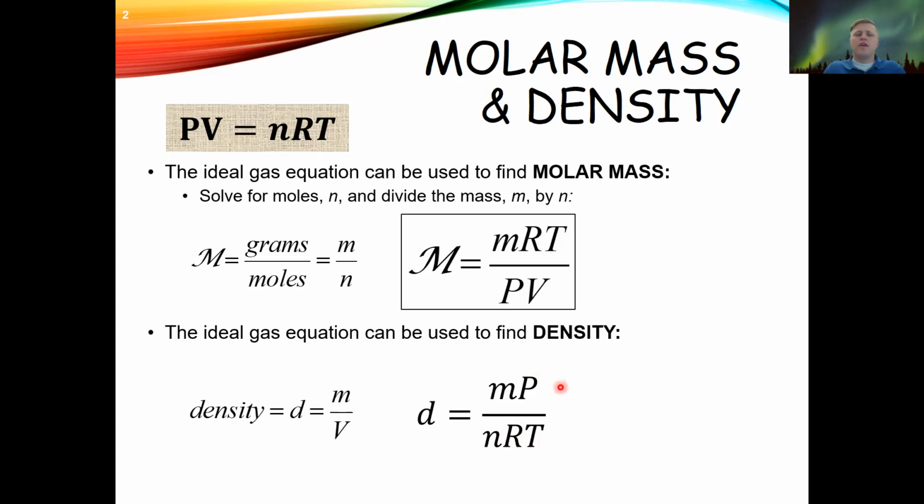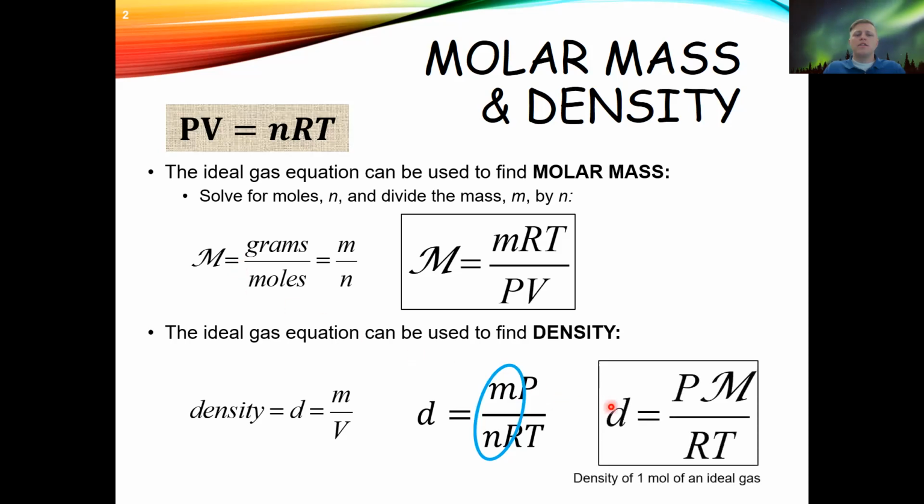To figure this out, you're going to have to know the mass of the gas and the number of moles. You'll notice that that ratio is equal to the molecular weight. So your density is just going to be equal to your pressure times your molecular weight over RT. This is how you would calculate the density of, say, a mole of an ideal gas.